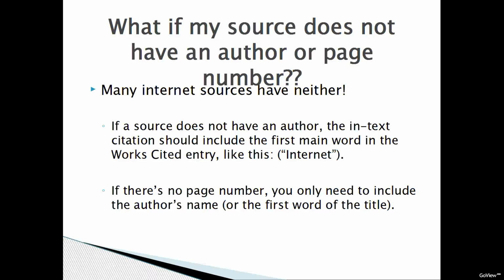If there's no page number, you only need to include the author's name or the first word of the title. Whatever appears first on your correctly formatted works cited entry is the first word that appears in your in-text citation.